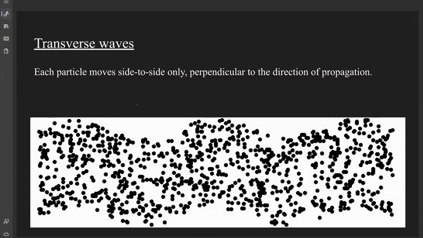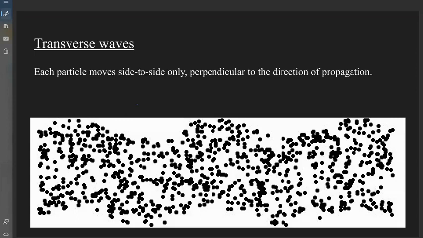All right, so go ahead and just make sure that you have the slideshow open for you so you can view this as you are going along. So transverse wave, you'll see that on the transverse wave, each one of these particles is just moving back and forth.